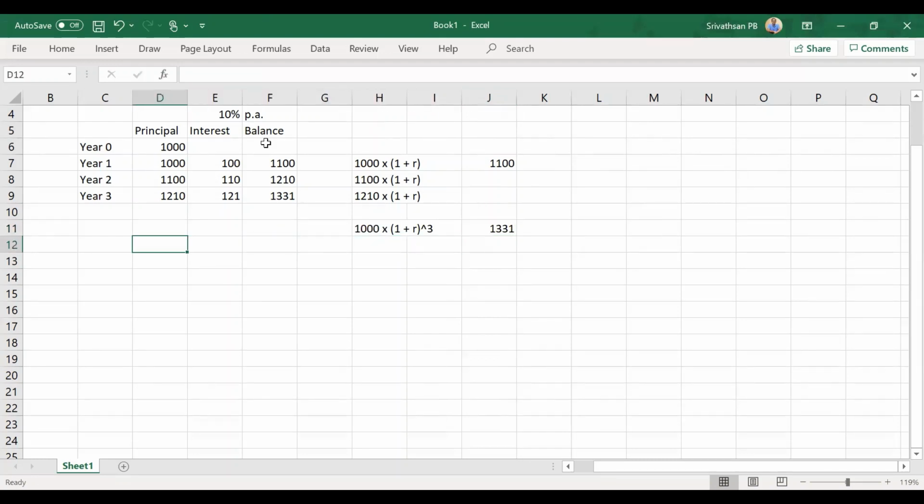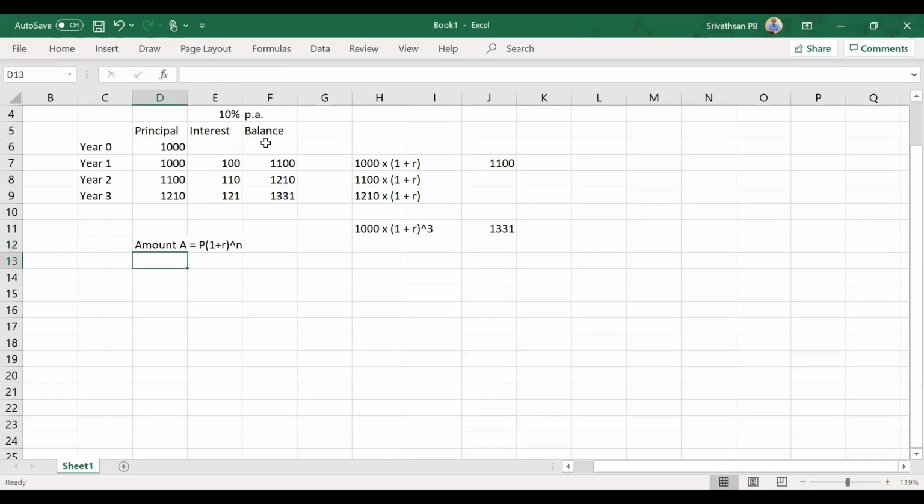This you would have read in your school math as amount A is equal to principal into 1 plus r to the power t, or number of years, n. P into 1 plus r by 100 to the power n. R could be written as a decimal, so 1 plus r to the power n.